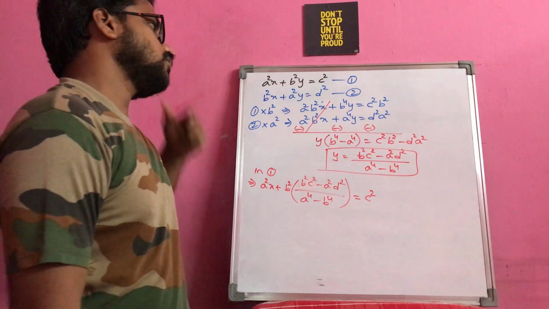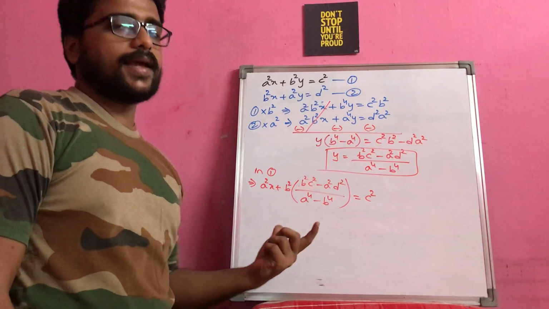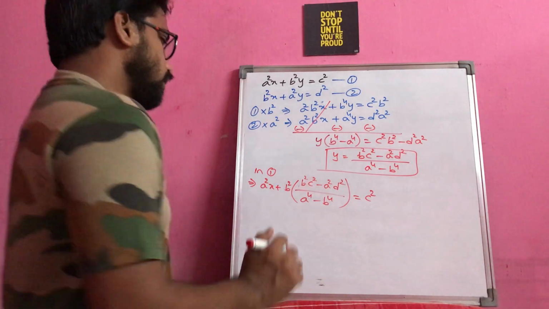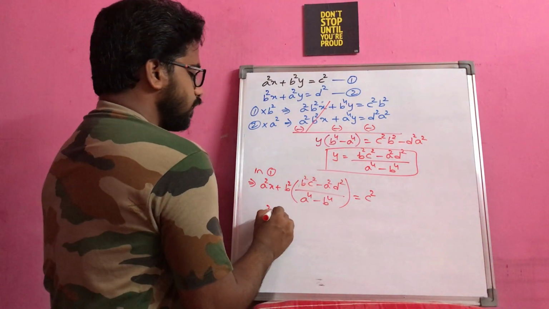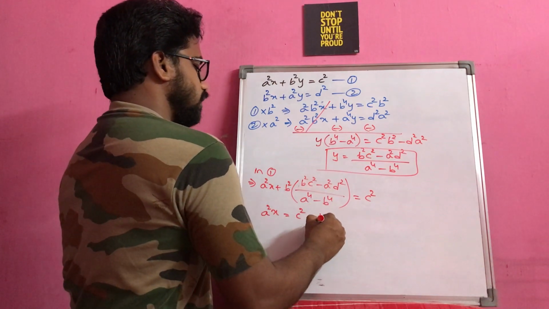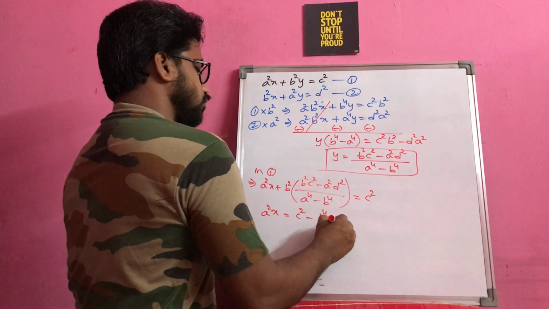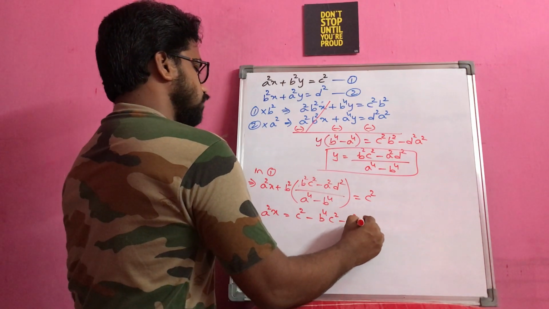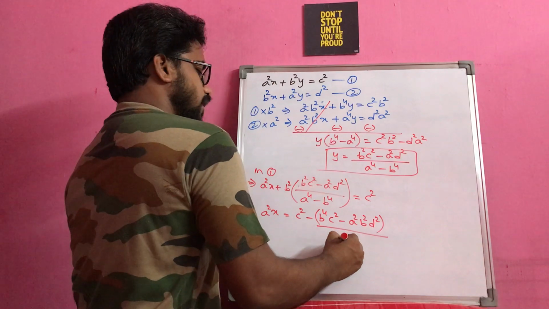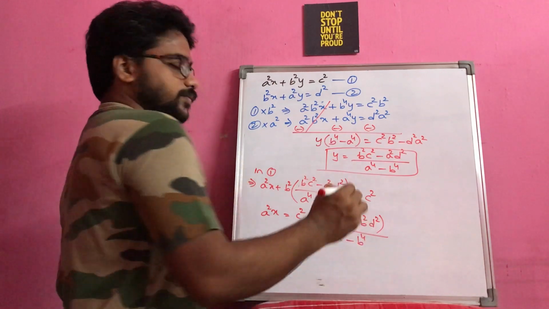We don't need to worry about this much calculation; you just have to do it in a systematic way to get the answer. I need the x value, so a square x I will keep as it is. c square minus, I will multiply this inside, b power 4 c square minus a square b square d square, in the bracket, divided by a power 4 minus b power 4.